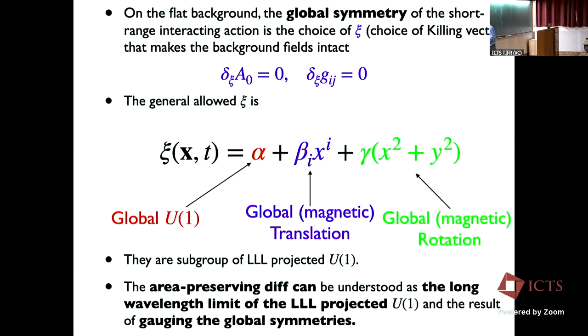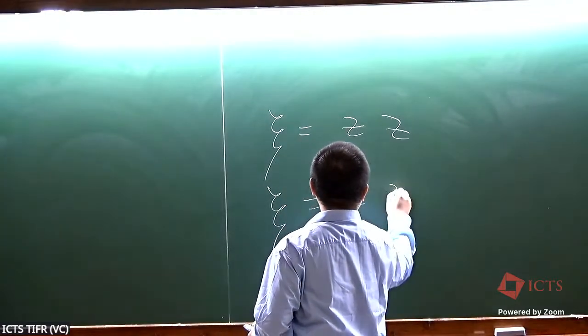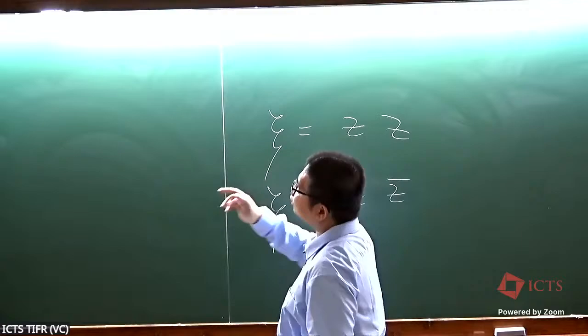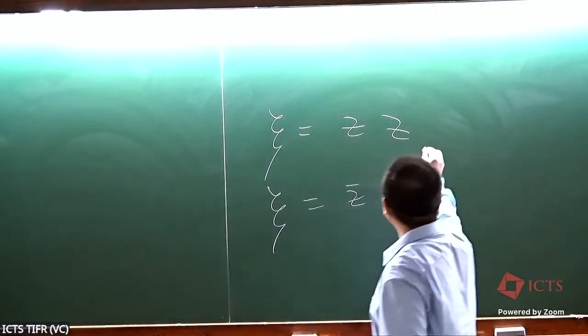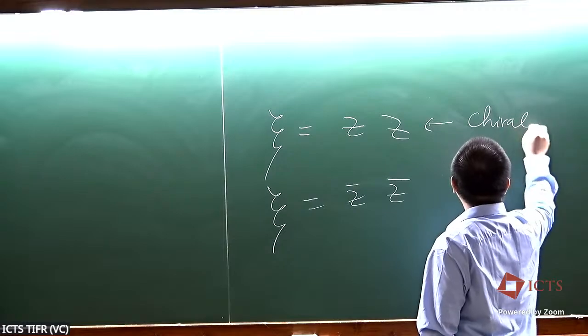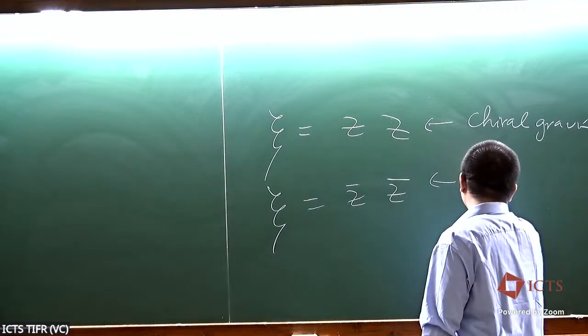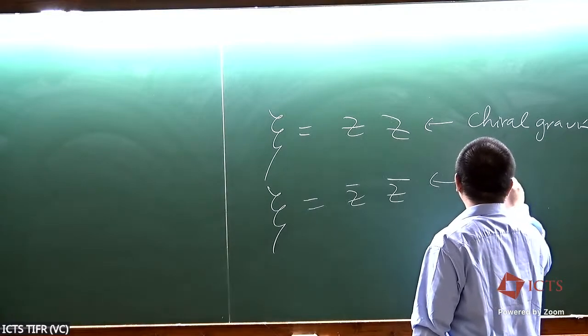But if you have C equal to ZZ, or C equal to Z bar, Z bar, it's not x squared plus y squared. This one will create the current graviton, and this one will also create a current graviton with a different chirality.